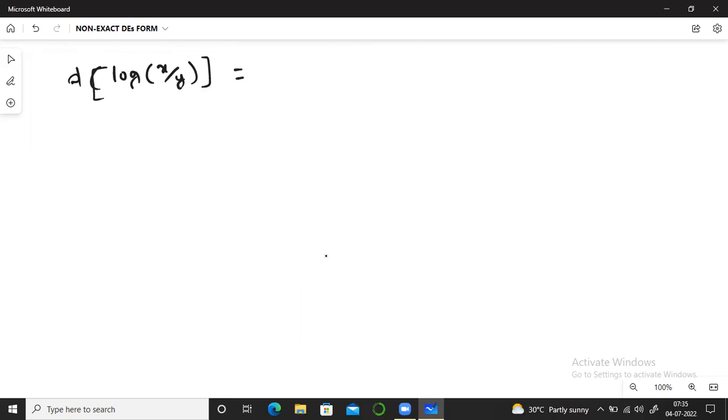See, differentiation of log x is what? 1 by x. So log of something, 1 by something, and that something you have to differentiate. It means differentiation of x by y. What is the differentiation of x by y? (y dx minus x dy) by y square.